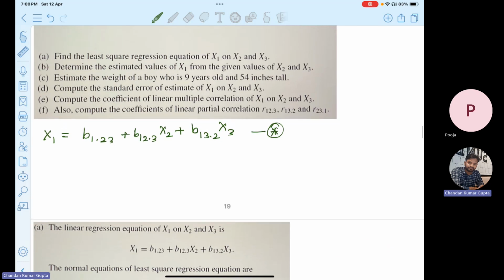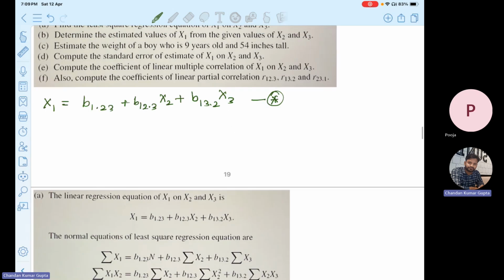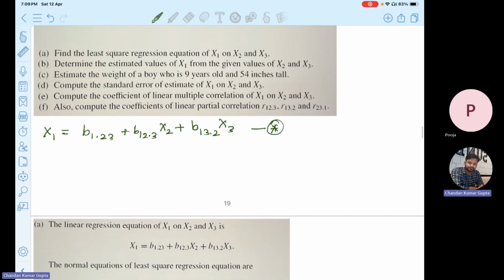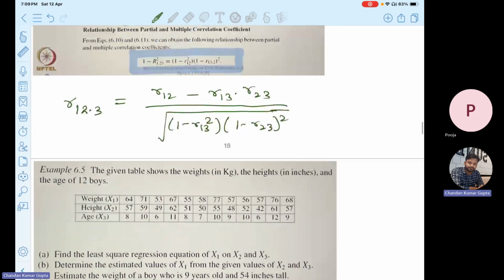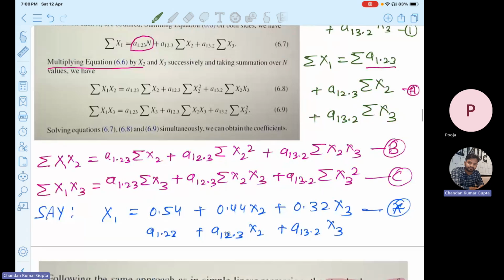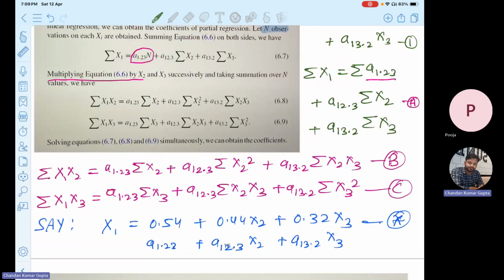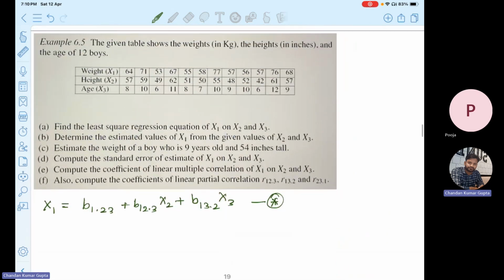We need to find the least square regression equation for this. That means we need to find the normal equations. As we constructed equations A, B, and C earlier with the help of equation one, the same approach is used here.